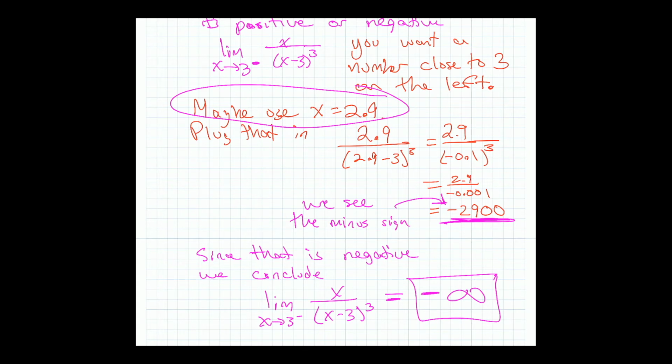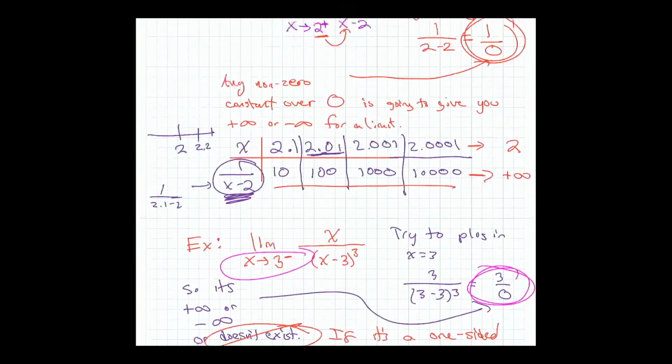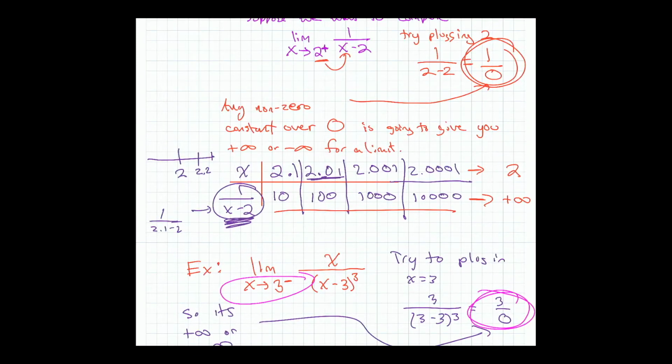That's it. Basically, if you go back to where the table is, when we did this problem with the table, we plugged in 2.1, 2.01, 2.001, 2.0001. Think about this. If you already knew that it was either plus infinity or minus infinity, would you need all those numbers in the table to tell you whether it was plus or minus? You wouldn't.